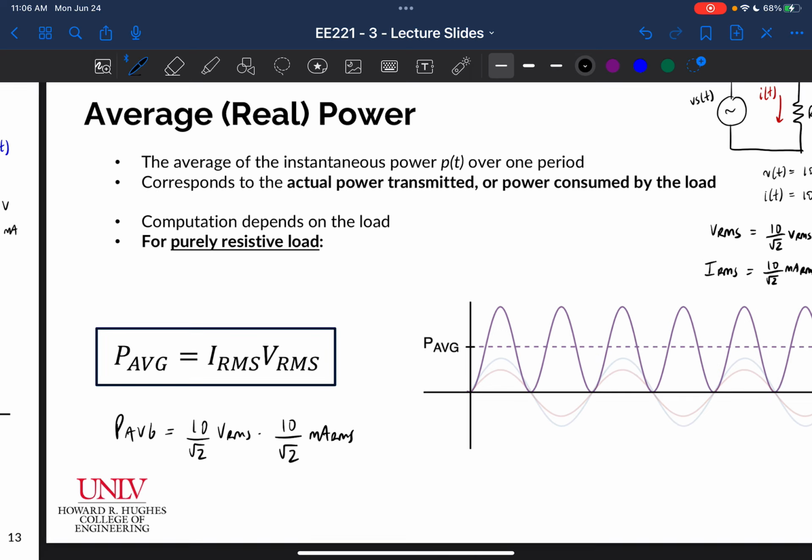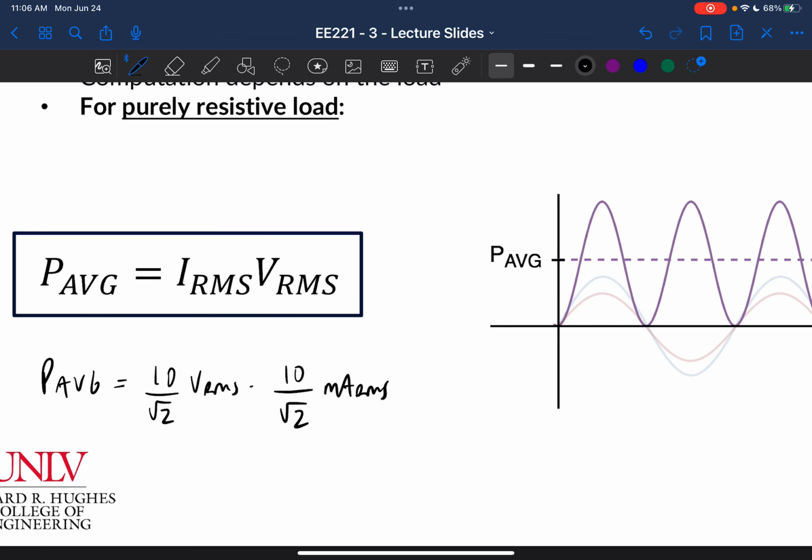And we get that our average power is 10 times 10 divided by the square root of 2 times the square root of 2, which is 100 divided by 2, or 50 milliwatts, which is exactly what we got previously.